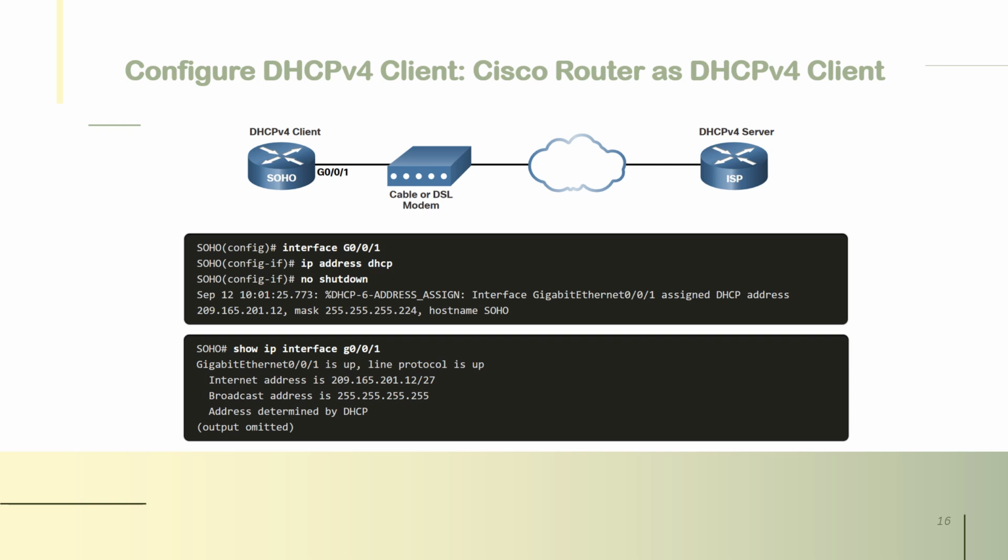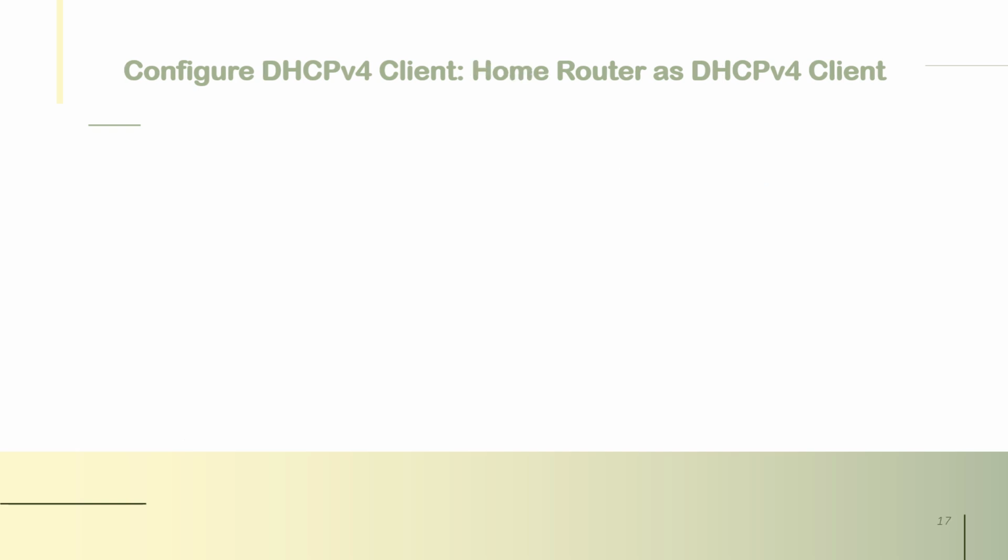And home routers are typically already set to receive IPv4 addressing information automatically from the internet service provider. This is so that customers can easily set up the router and connect to the internet. For example, let's show this figure and see the default WAN setup page for a Packet Tracer wireless router.